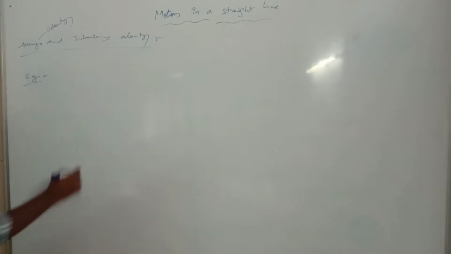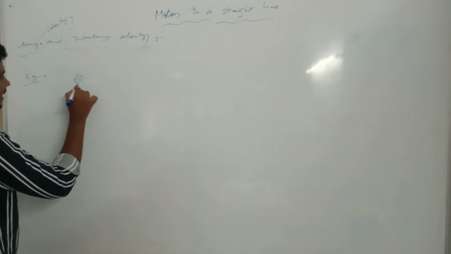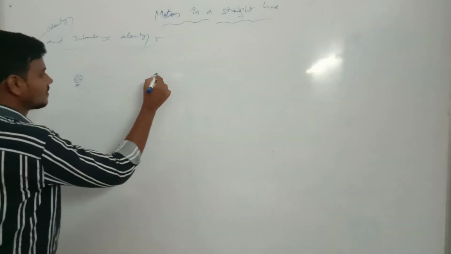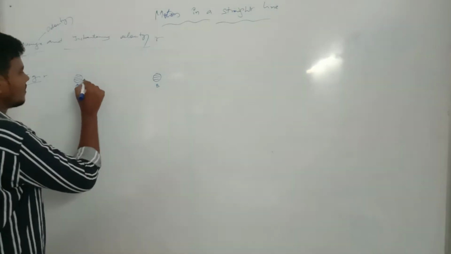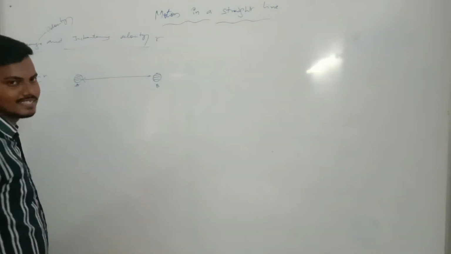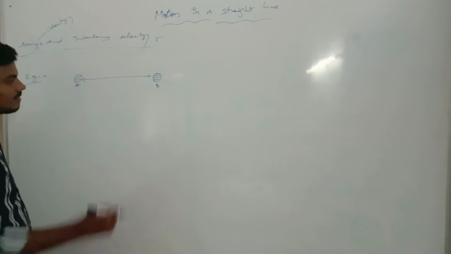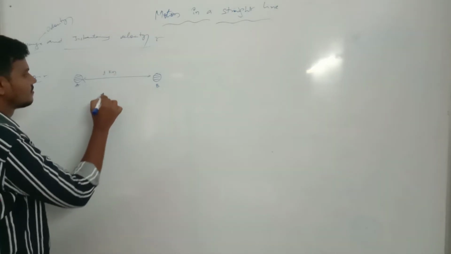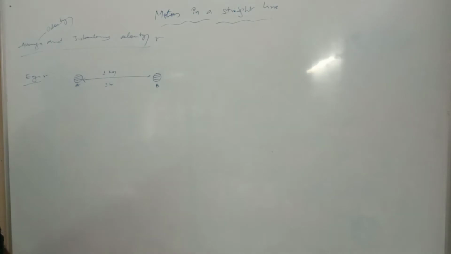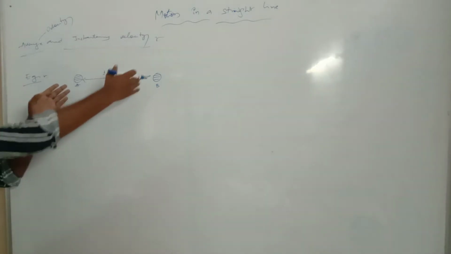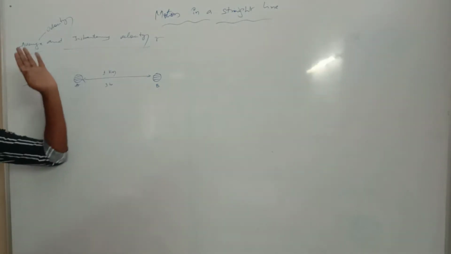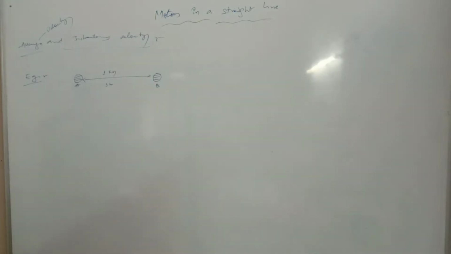When we choose one object at A, and then again choose B position, the displacement between A to B is 1 kilometer in 1 hour. This is very important: average velocity and instantaneous velocity. We choose any two positions of the object, the first position A and the second position B, with 1 kilometer of displacement and 1 hour of time period.